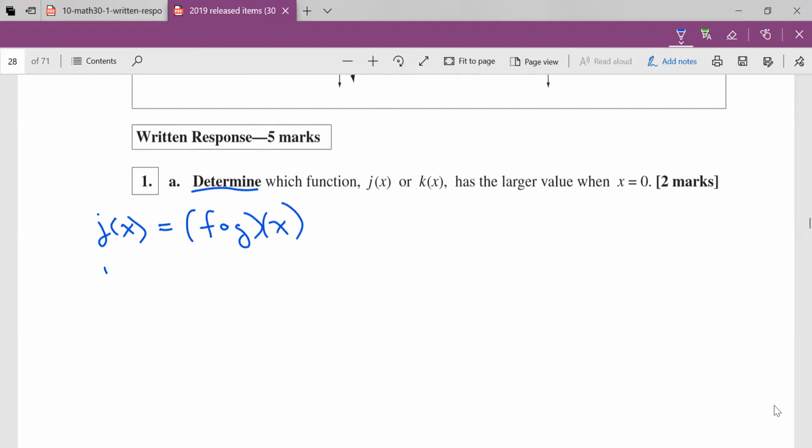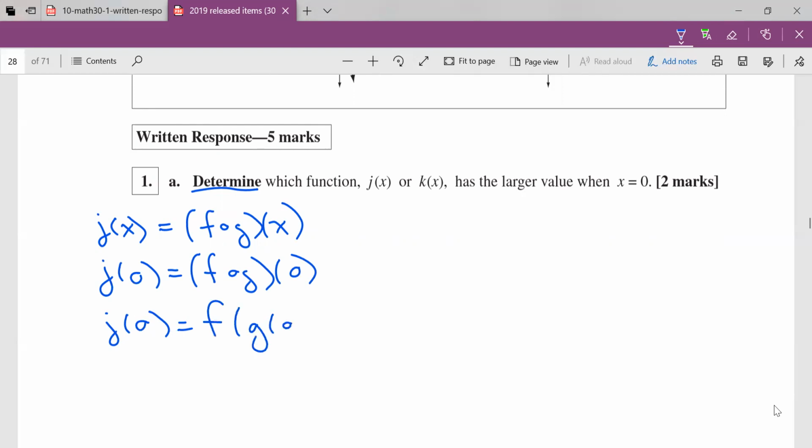So we want j at x for when x is 0. Now, I personally don't care for this notation. Some teachers call it fog notation. I don't care for it myself. I like to rewrite it as this here. Okay, to me, it makes it just a little bit more clear as to what I'm doing.